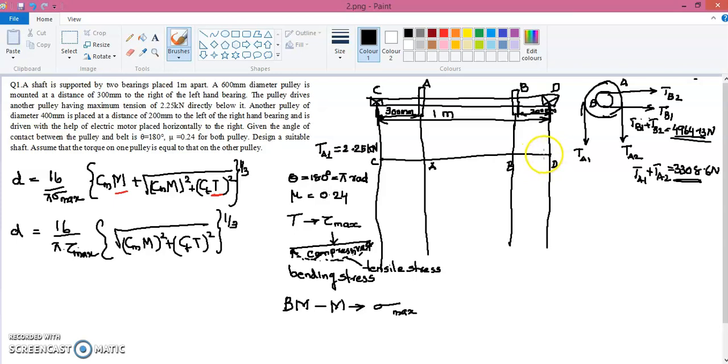The first value we have to plot is the torque. So we got this value for torque that can be represented here.